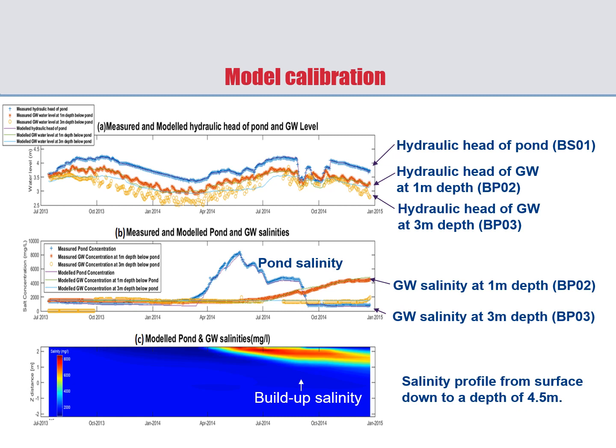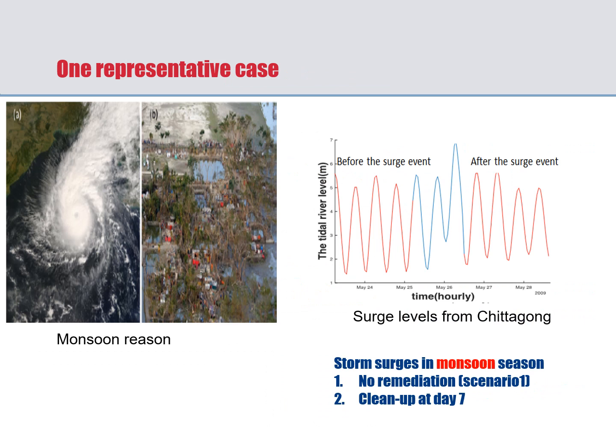So it's really good for the research. And try to get the surge level to see how the storm surge affects groundwater salinity. And here is the one representative case, as I showed at the very beginning of the slides.